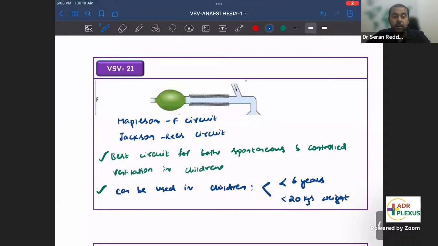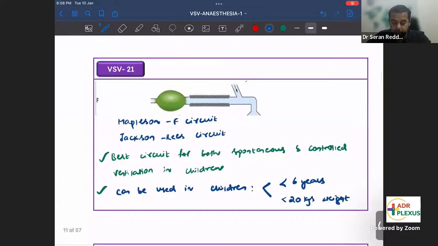This is Mapleson F circuit or Jackson-Rees circuit. If you get a question, which is the best circuit for spontaneous ventilation in children, it remains the same, Mapleson F. If they ask for controlled ventilation, again, it remains the same.